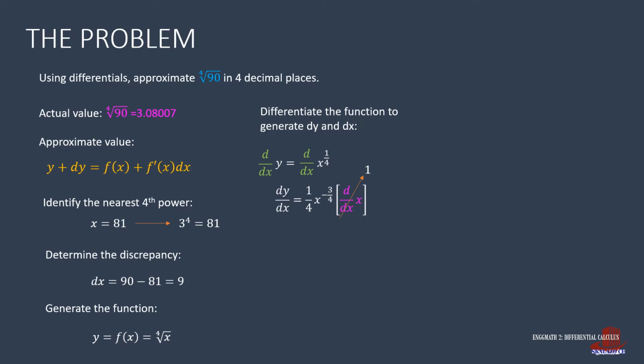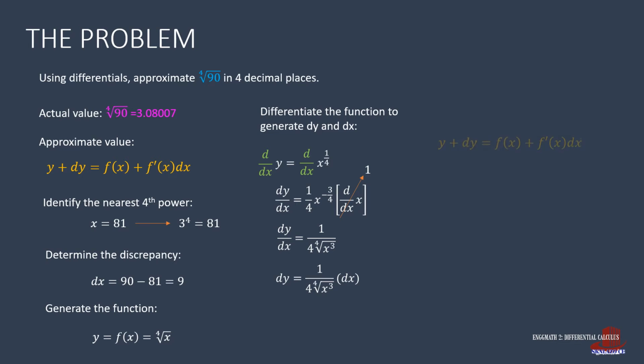Dx over dx is 1. So placing back the radicand, dy over dx is 1 over 4 with the fourth root of x cubed. Take the differential of y by cross-multiplying dx to the other side, and come up with dy as 1 over 4 of the fourth root of x cubed multiplied by dx.